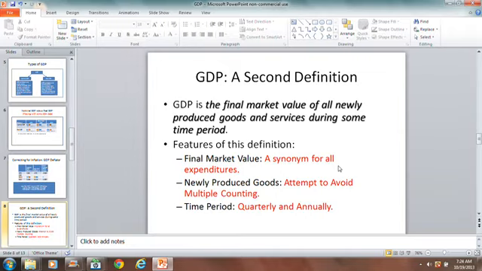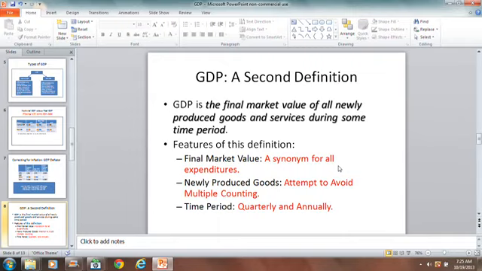So the GDP process is very adamant about excluding old goods and services. For example, if an automobile was produced in 2005, that year it was produced, it would be included in the 2005 estimate of GDP. And you wouldn't want to include that automobile in any subsequent estimate of GDP because it would overstate growth.